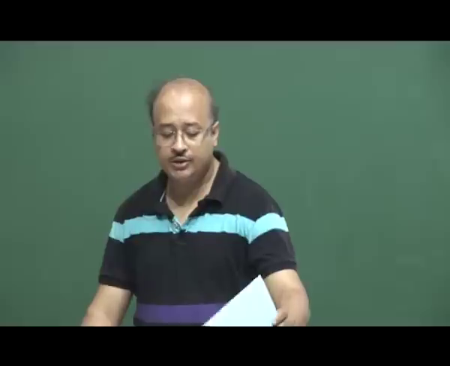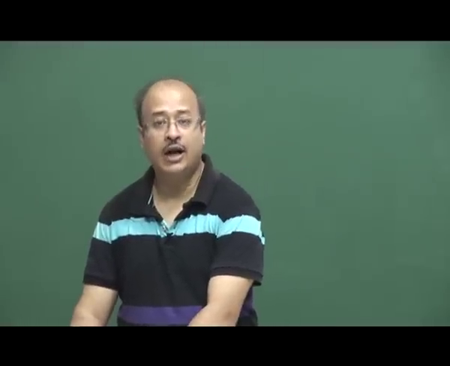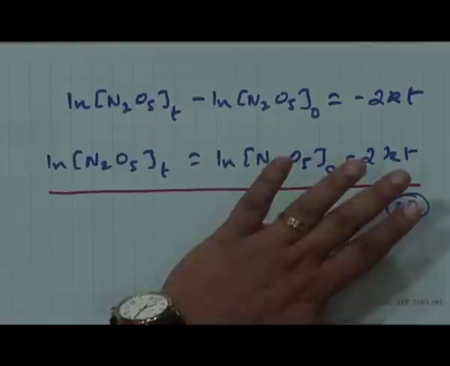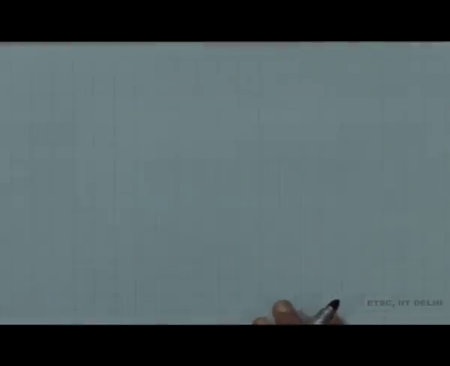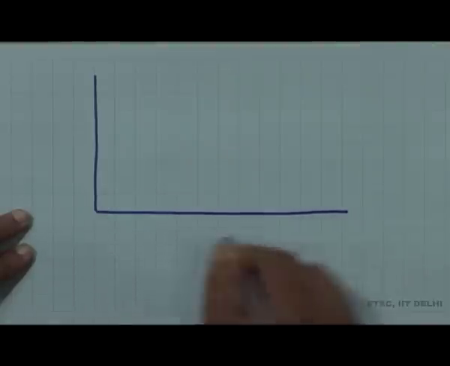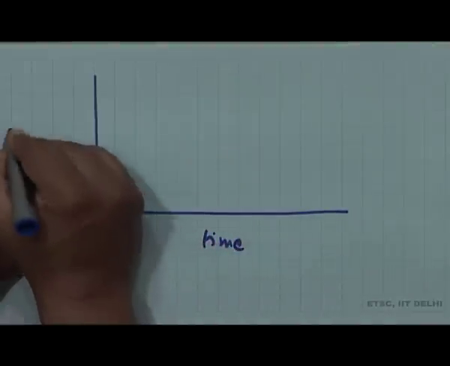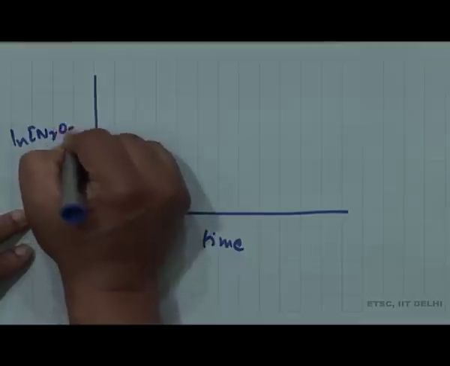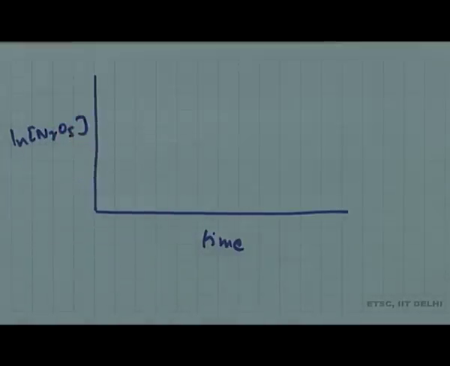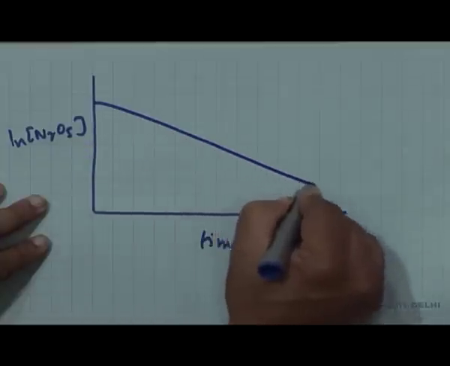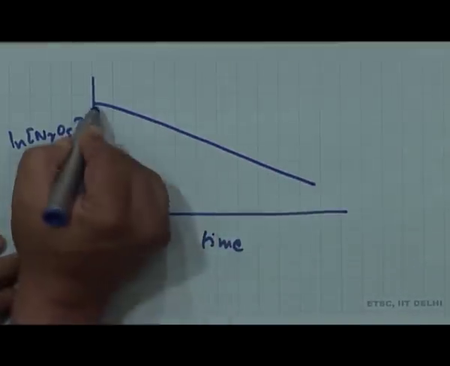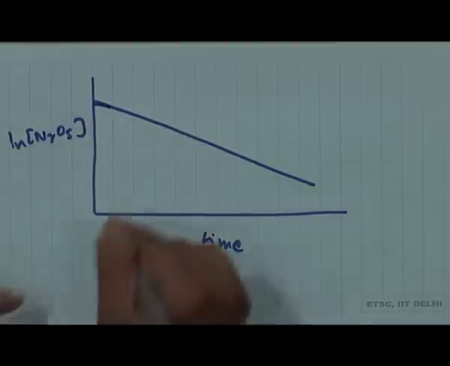And how do I take that into consideration? Well, first of all I have done this derivation, I know that this 2 is coming into the picture. So now I only keep track of this, and if I have a plot of time and ln N2O5, when I plot this, what I will get is a straight line again. So what would my intercept be?